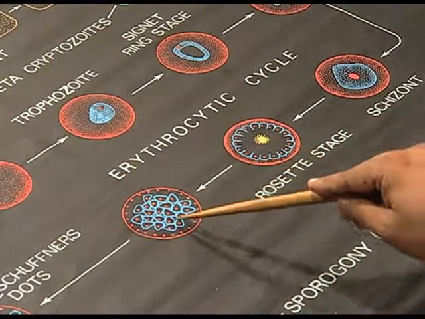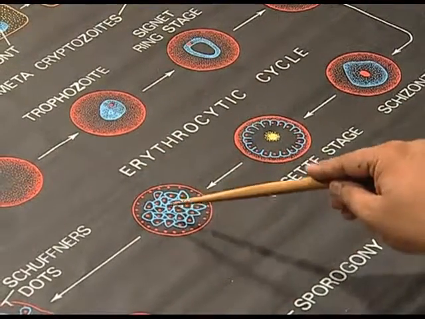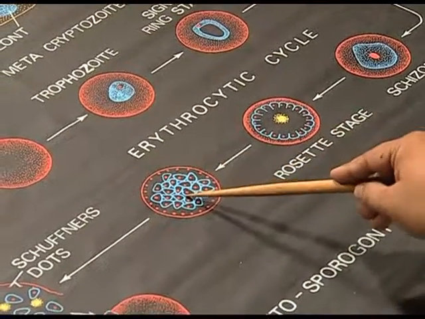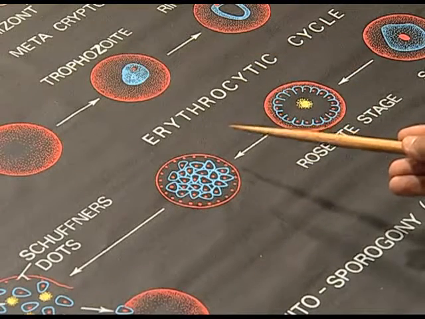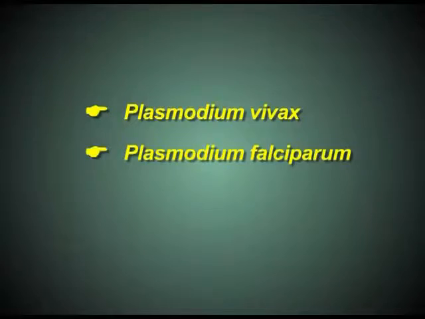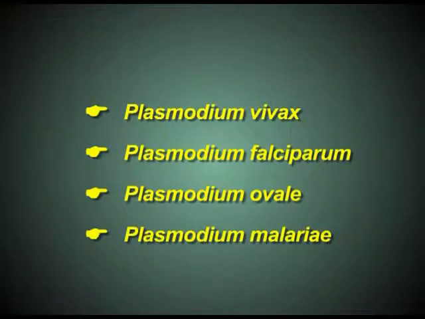After formation of the schizont, we will discuss the different species of Plasmodium. There are four species: Plasmodium vivax, Plasmodium falciparum, Plasmodium ovale and Plasmodium malariae.